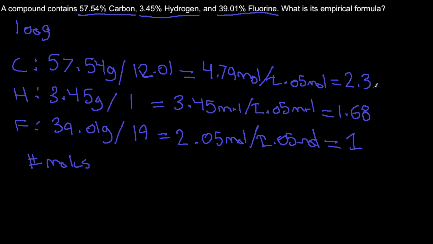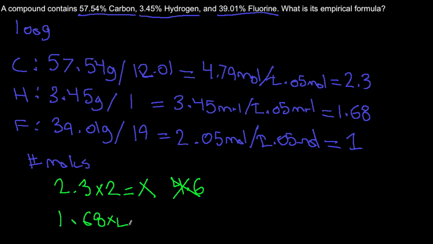Let me switch the color here and explain exactly what I mean. If we multiply 2.3 by 2, that would give us 4.6, which is still not what we need. If we multiplied 1.68 by 2, that would give us 3.36, which is also not a whole number.